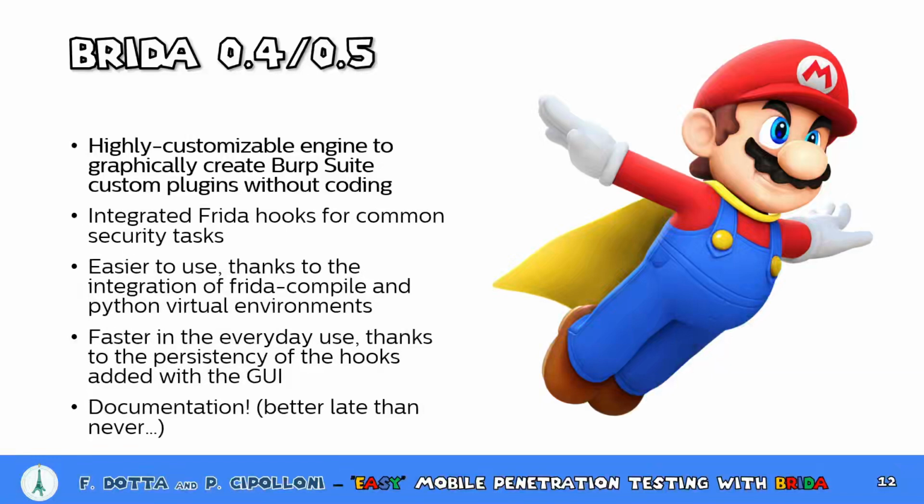Besides that, we created a new dedicated tab that collects many different Frida hooks that are very useful during our everyday operations in order to bypass common security features or inspect common security code. It's easier to use thanks to the integration of Frida Compile and Python virtual environments, and now we also have documentation.